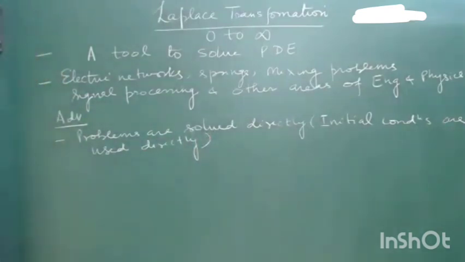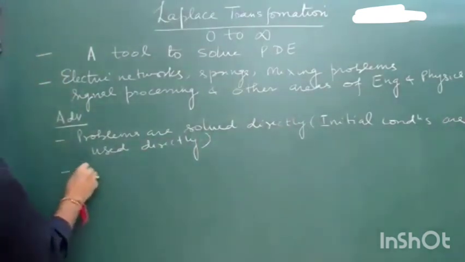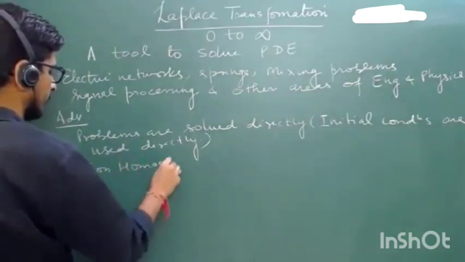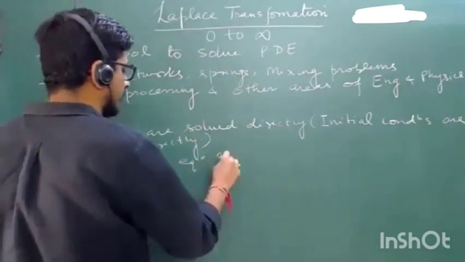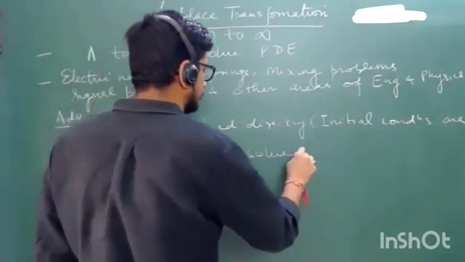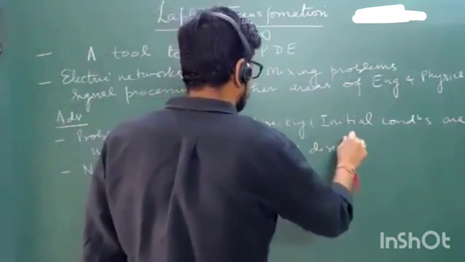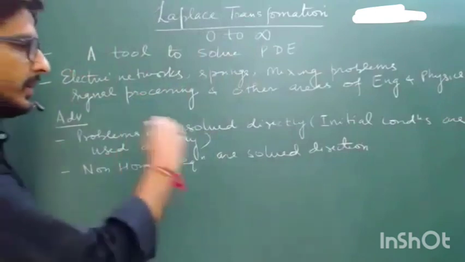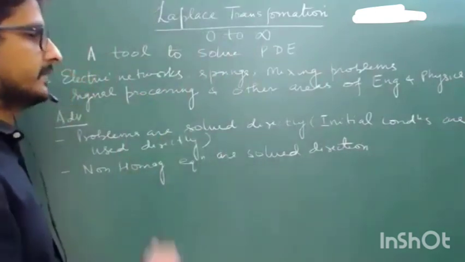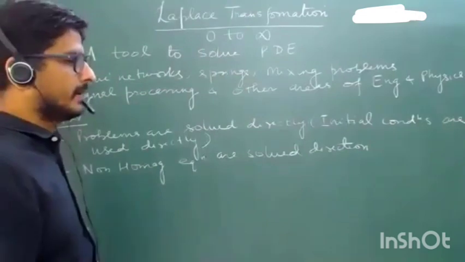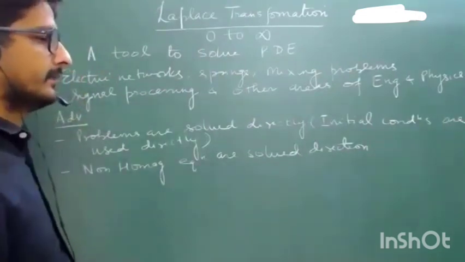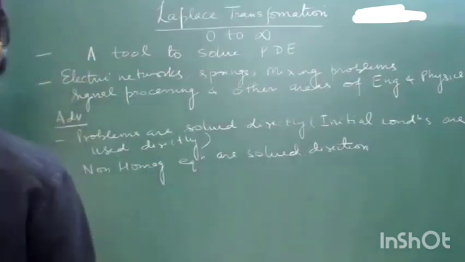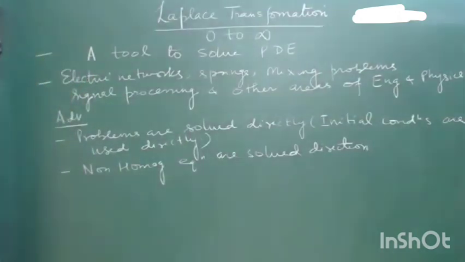Okay, non-homogeneous equations are solved directly. Like in previous case, we used to solve non-homogeneous equations by putting first right hand side 0. That means firstly we were calculating the complementary function and then coming on the particular integral. But in this case that is not required. That will be also solved directly.